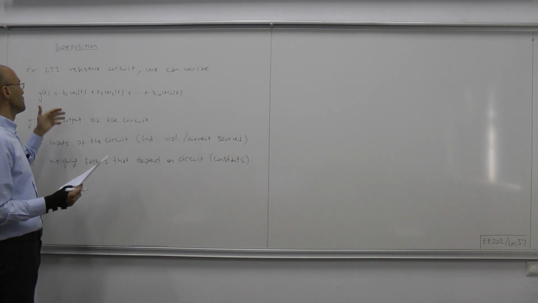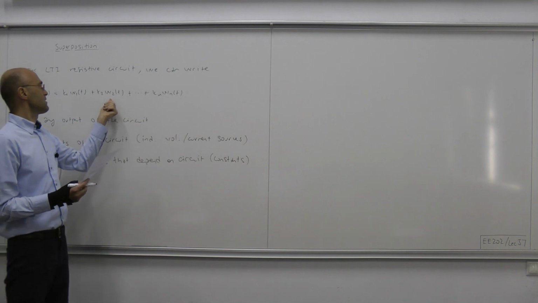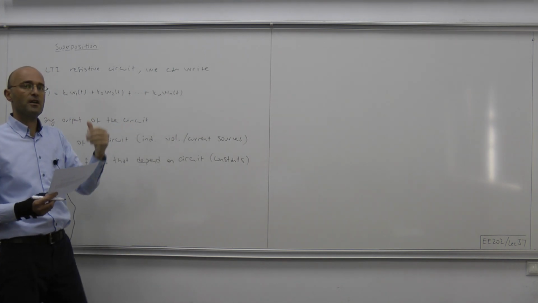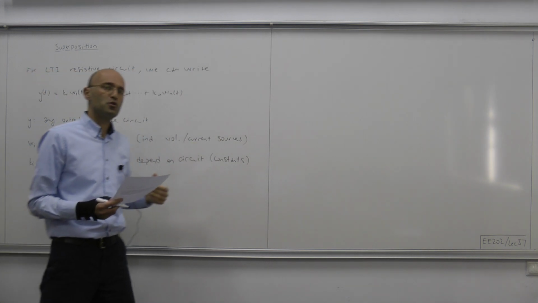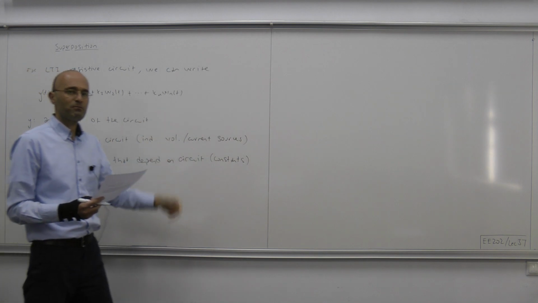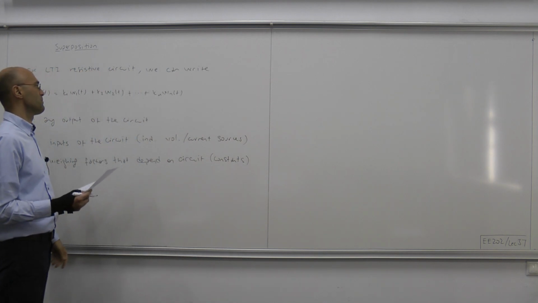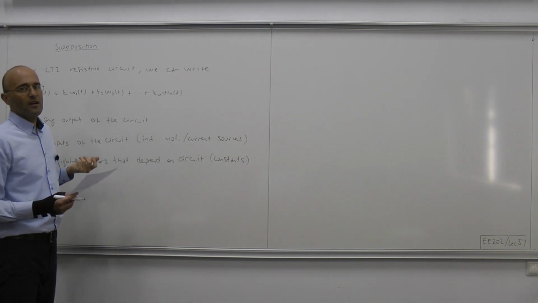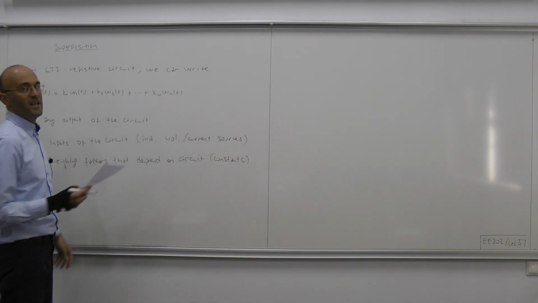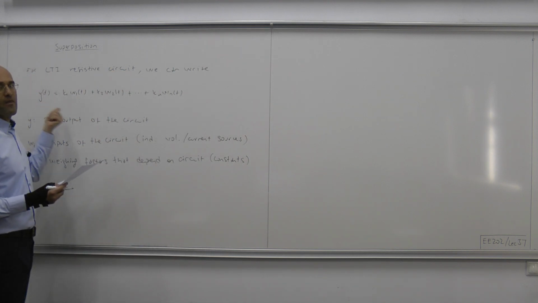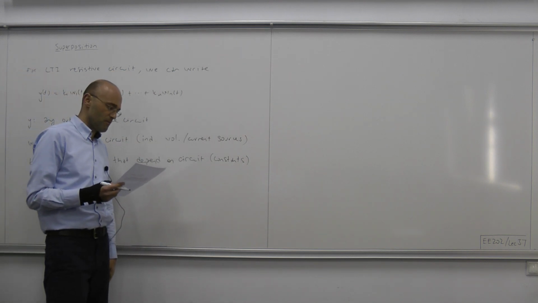Then we let W2 be active and kill all the other sources, and figure out the component due to W2 only, that would be K2 times W2. We do that for each independent source, and then, since the circuit is LTI, we collect all those n terms and write the output. That we call superposition.